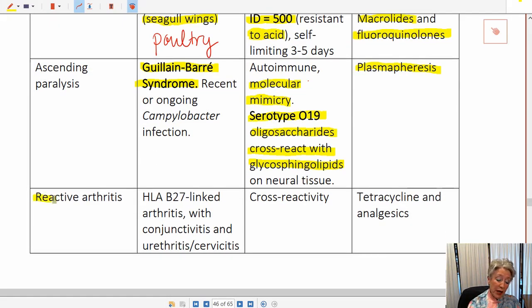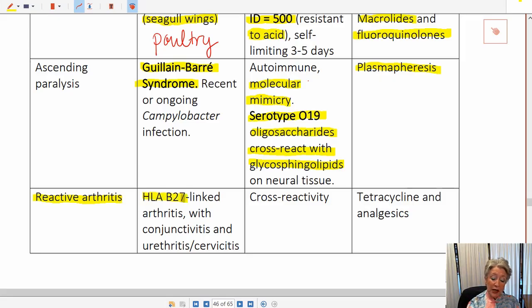Finally, remember that Campylobacter can be associated with the production of reactive arthritis, which used to be called Reiter syndrome, but they have slowly been getting away from eponyms on the exam. Reiter happened to be a Nazi, and so they have been sort of cleansing those names from the literature.